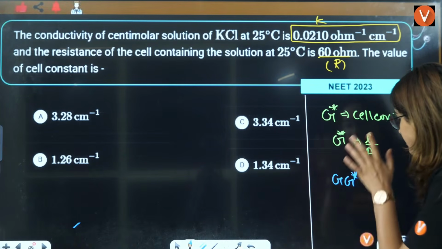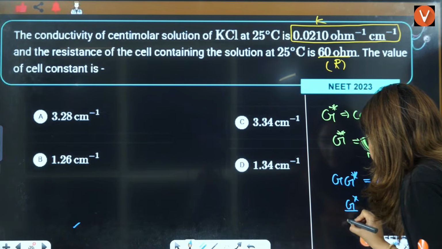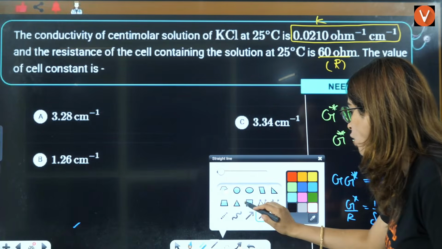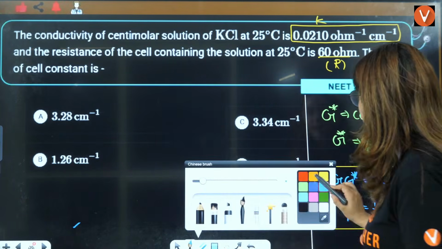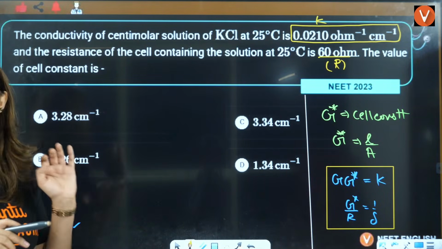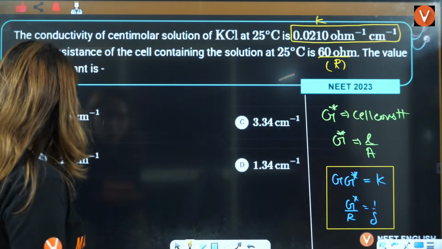This is conductance, this is resistance. You can also write it as G star divided by resistance equals 1 by rho. This is cell constant with resistance and resistivity. These are the formulas that you should remember, and these are the direct questions that you had in NEET 2023.